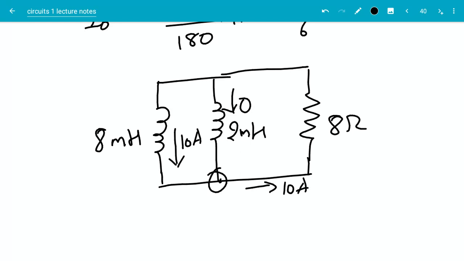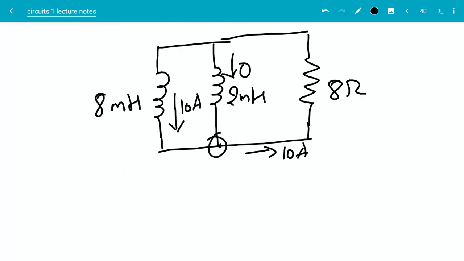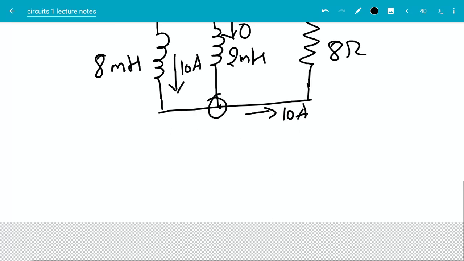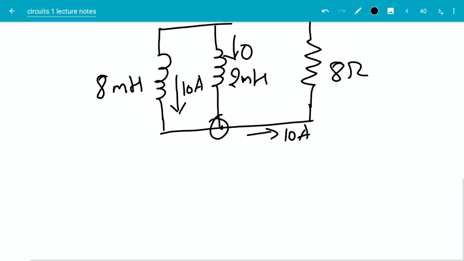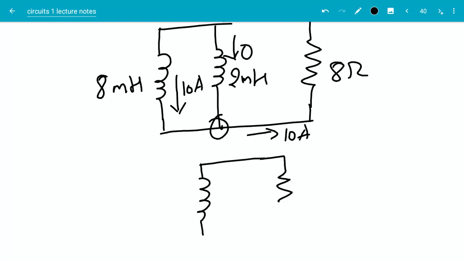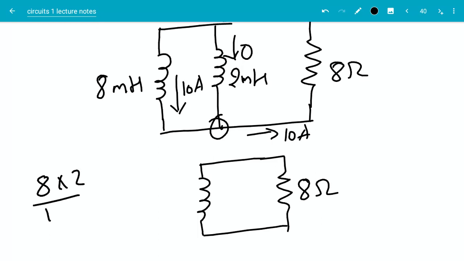Now, in order to do natural response analysis, I want to reduce the circuit to a form where there is an inductor and a resistor in parallel. Here I only have one resistor, so it will be 8 ohms, and with two inductors in parallel, that will be 8 times 2 divided by 10, which is 1.6 millihenry, and the initial condition here is 10 amps.